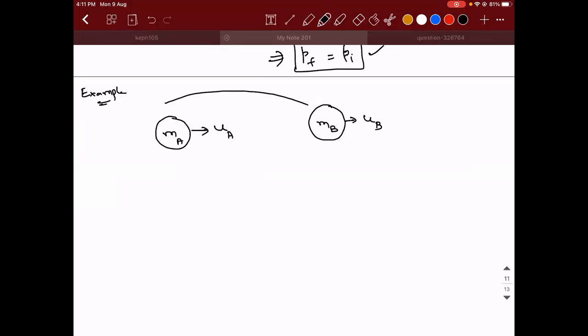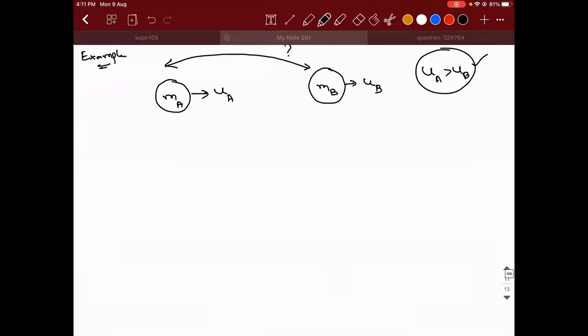So what are the conditions if these two objects should come in contact with each other? What should be the relation between UA and UB for these two objects to come in contact with each other? Sir, UA should be greater than UB. Perfect. That's right. Okay. When this is happening, can I call this before collision?